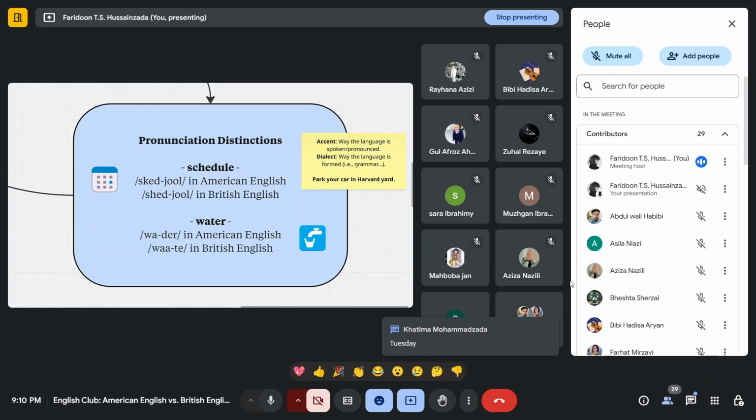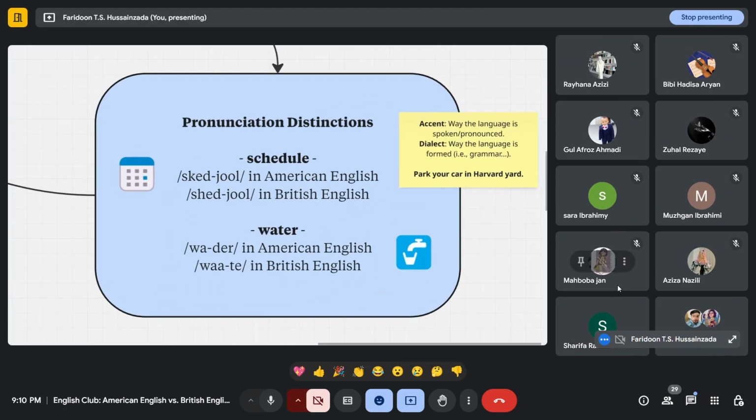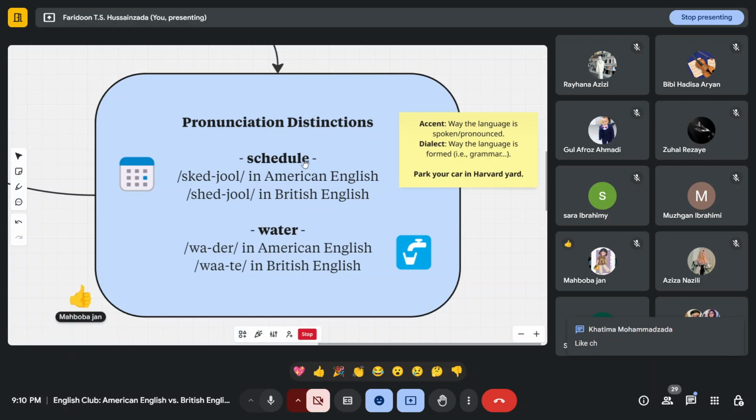In American English, we pronounce it like "Tuesday", with a T sound. But in British English, they pronounce it like "Chewsday", with a "ch" sound. A small difference, but we do have it. So the difference between the "ch" and the "t" sound is also present there. Yeah, Fatima, exactly, like a chess sound.